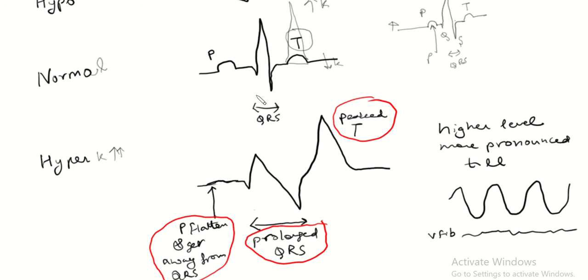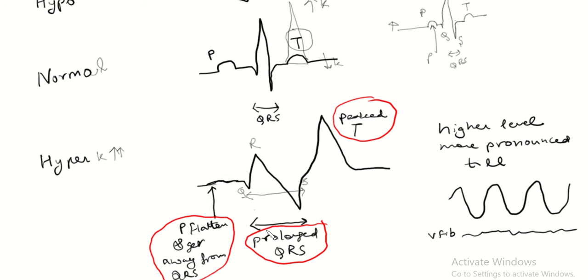So you see the QRS is pretty tight here, right? Very tight. There's usually a number associated with a normal QRS. Okay. If you see here, the QRS has become wider, or the QRS has prolonged.